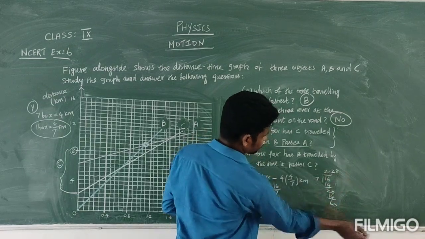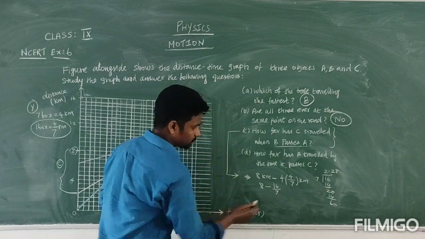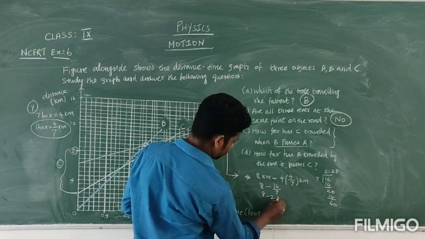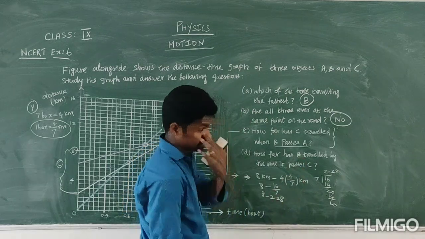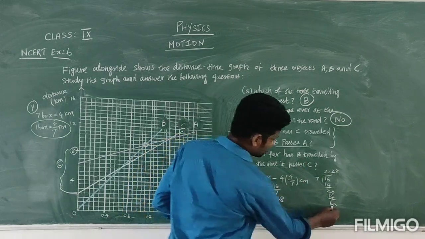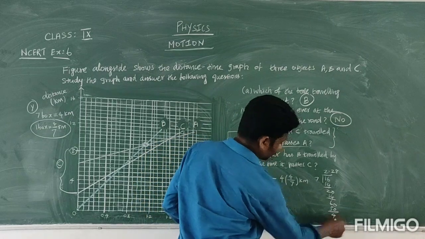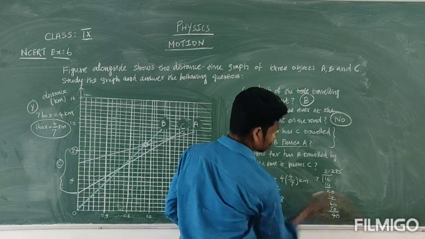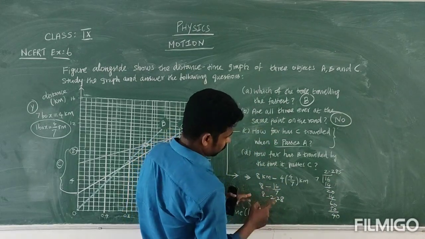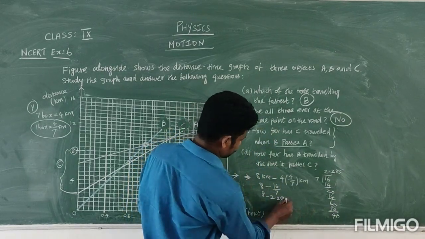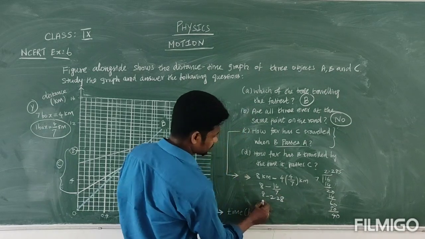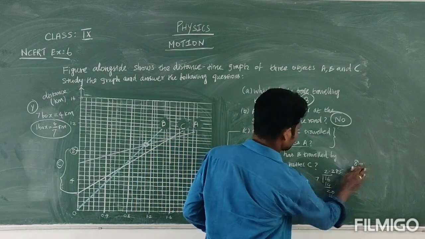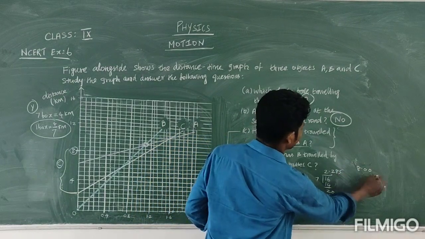Then 8 times, 56, so 2.28 will come. So we can write 8 minus 2.28, and the remaining 4, again add 0, giving 2.285 something.